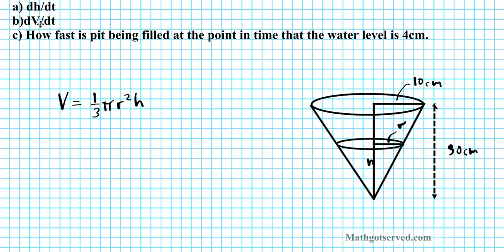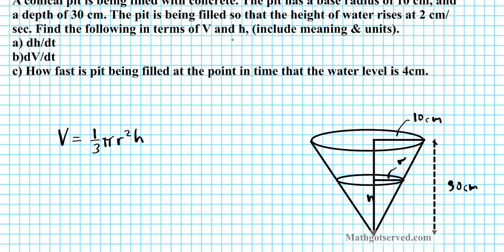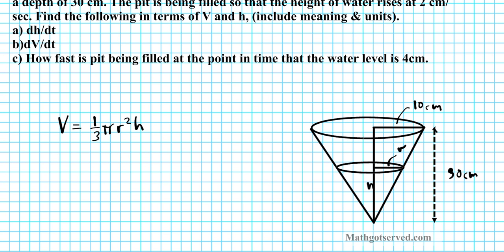Now we have to find the dH/dt and the dV/dt in terms of just V and H. So we need to substitute R with H. Okay, so what is the relationship between the height and the radius of a cone that has a depth of 30 centimeters and a base radius of 10 centimeters?